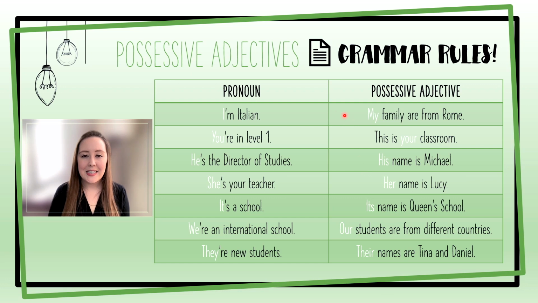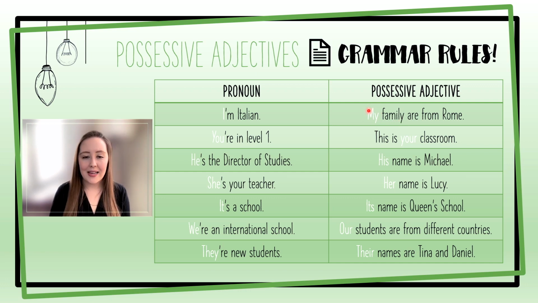Did you get the answers correct? Let's check together. I'm Italian. The possessive adjective for I is my. My family are from Rome. Say it with me. My family are from Rome. Good, because the family are yours.